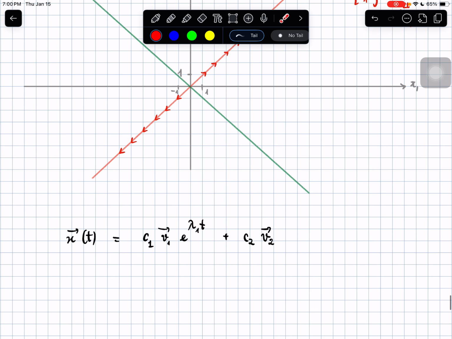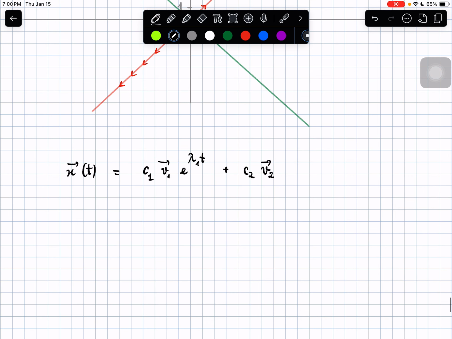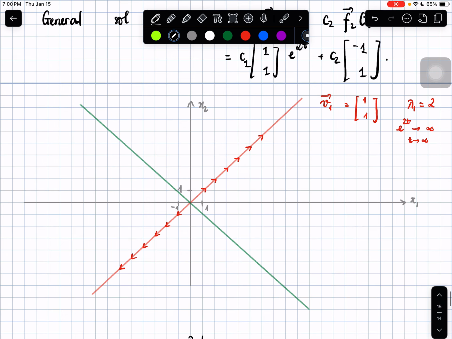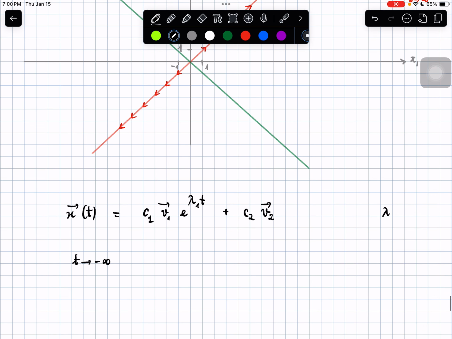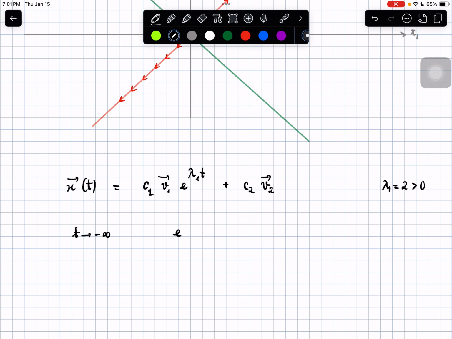If t tends to minus infinity, lambda 1 is positive, in our case it is 2, so e to the lambda 1 t, or e to the 2t, tends to 0 when t tends to negative infinity.